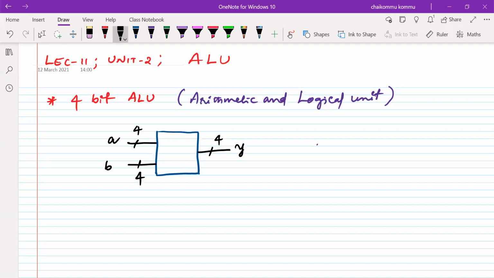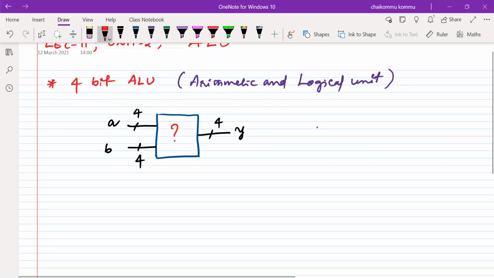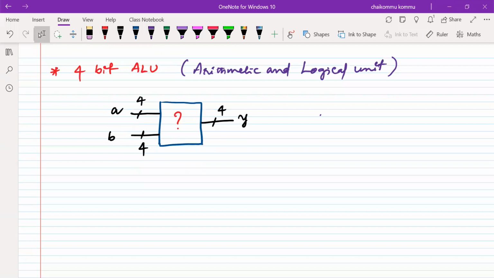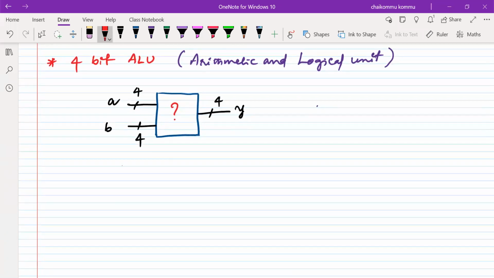Therefore, now the question is, what is inside of this particular black box? Generally, this block has to perform, first, arithmetic operations. What are the arithmetic operations?